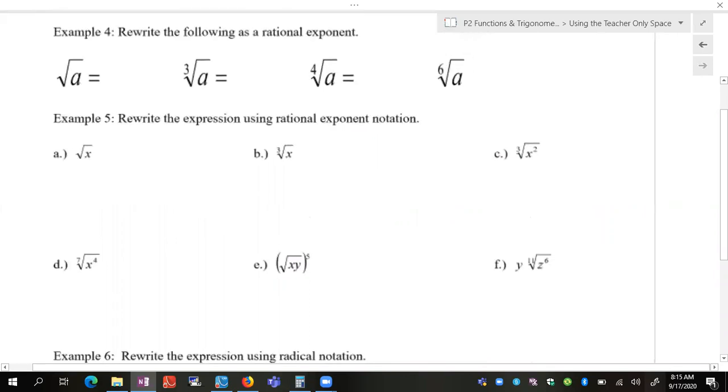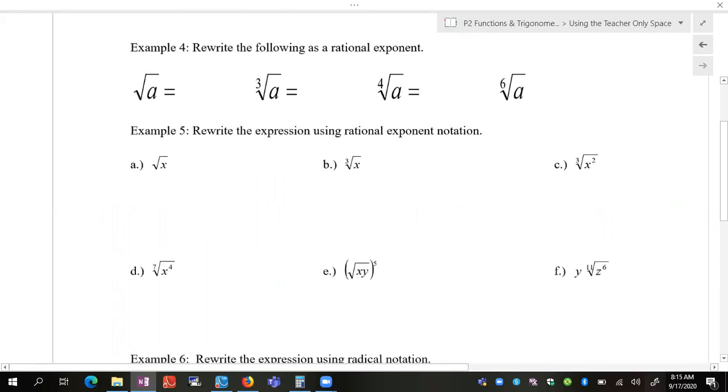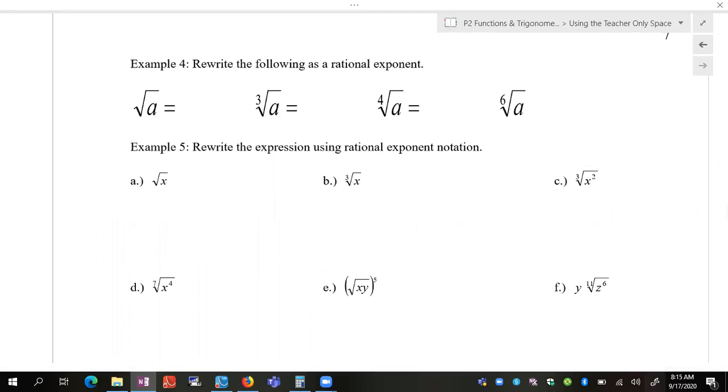All we're doing on this page here is rewriting them as fractional exponents. So the first example we have in example 4 here are rewriting as a rational exponent. So you can see in the first example, we have the square root of a. So the power on the a is a 1.